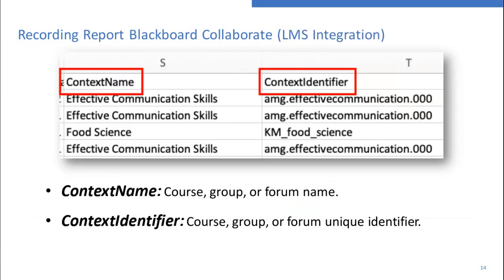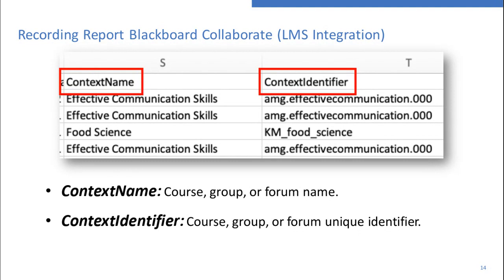Now, staying with the recording report, there are 2 additional columns that may provide you with important information if you're integrating Collaborate with your learning management system. These columns are the context name and the context identifier. For those of you using Blackboard Learn as your learning management system, these are the columns that will give you the course information to track the recordings through the learning management system, such as the course name and the course ID.